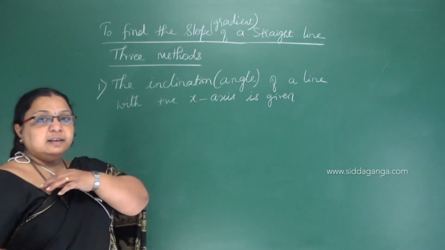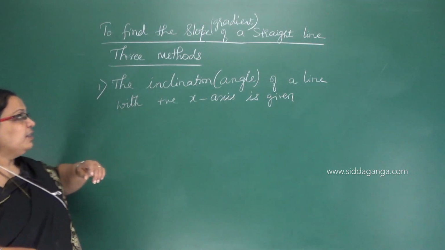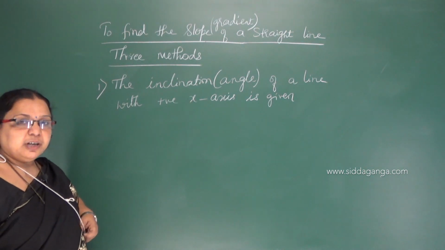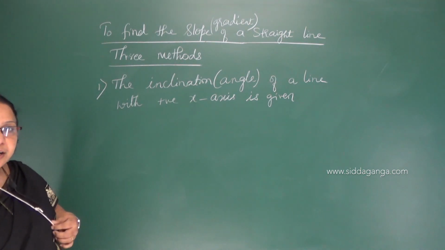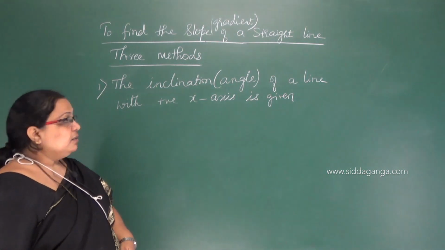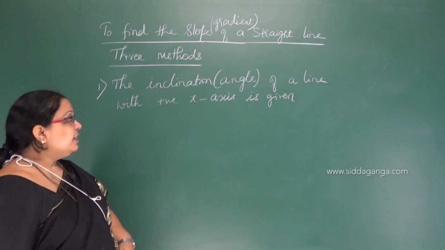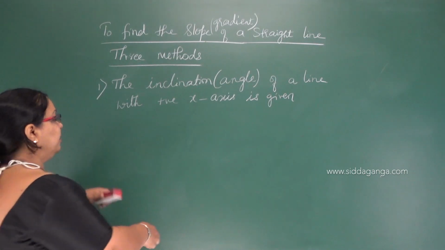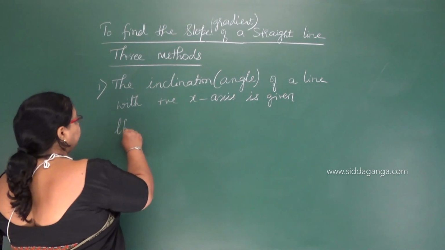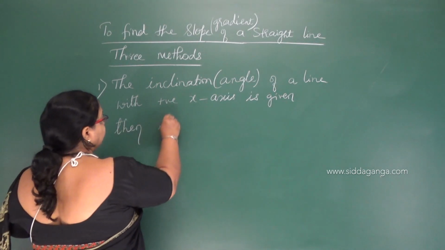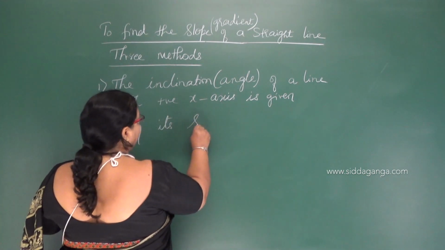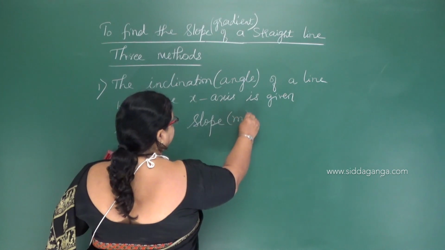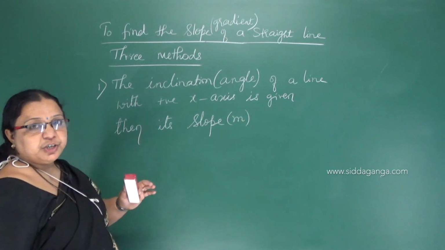So when the angle made by the line with the positive x-axis, the inclination, is given, then the slope of the line is given by its slope. Slope is always denoted by the symbol m in this chapter.